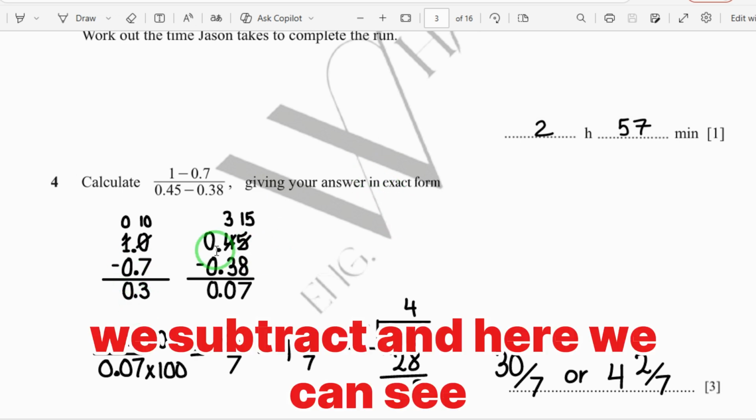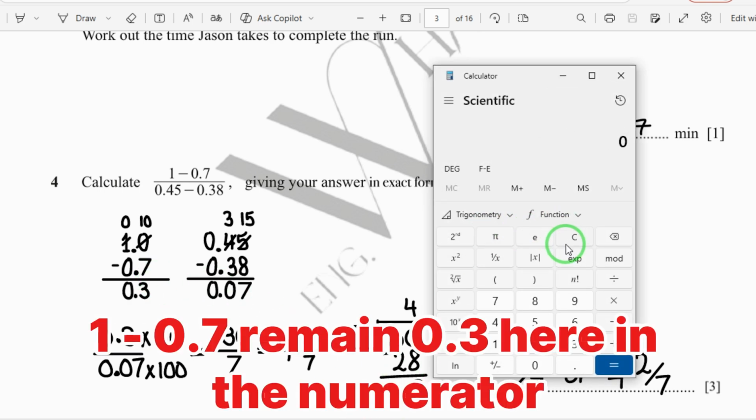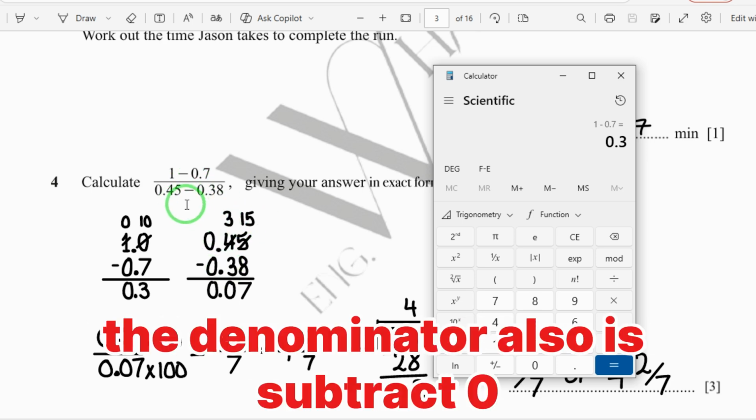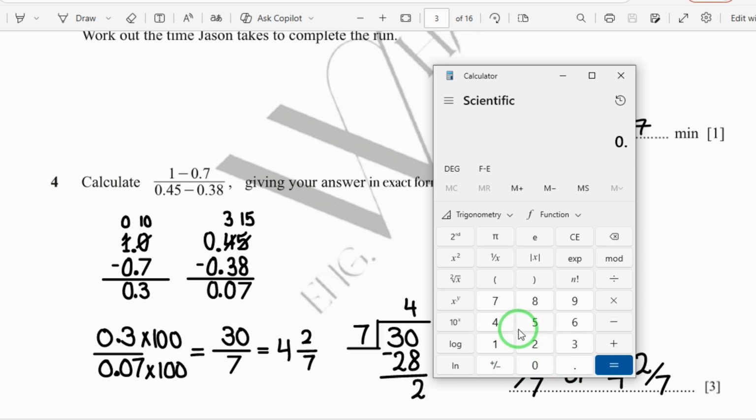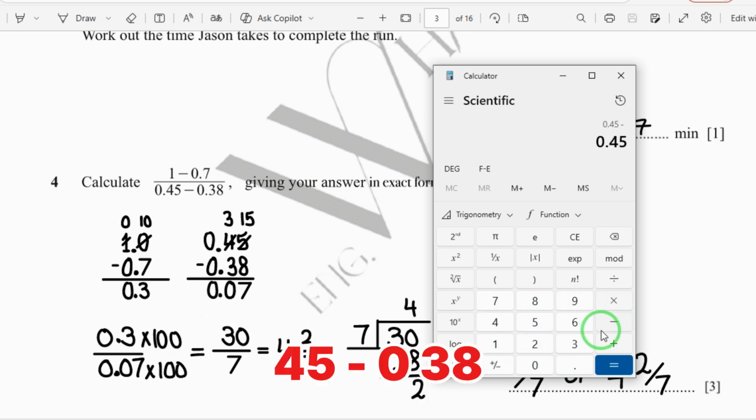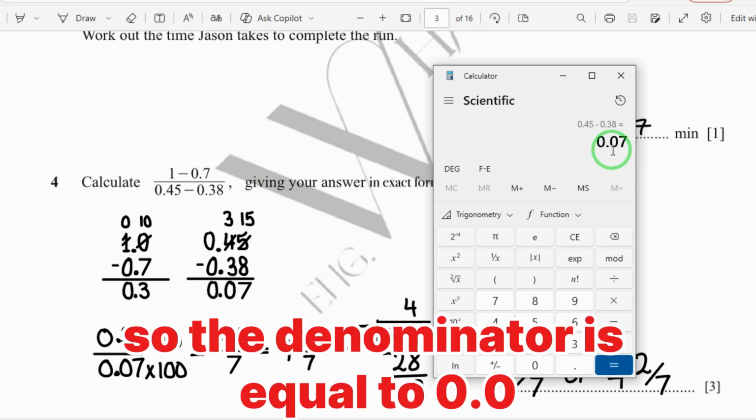So 1 minus 0.5 remains 0.5 in the numerator. The denominator also we subtract: 0.45 minus 0.38.